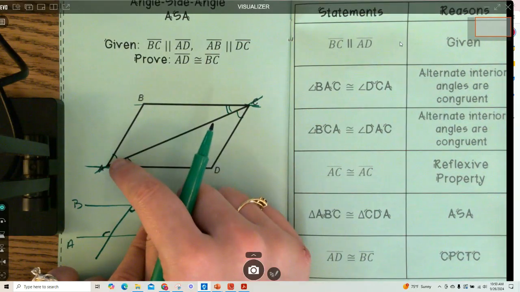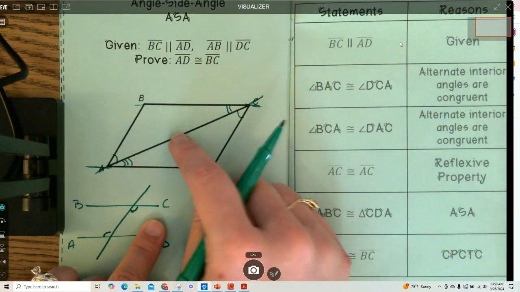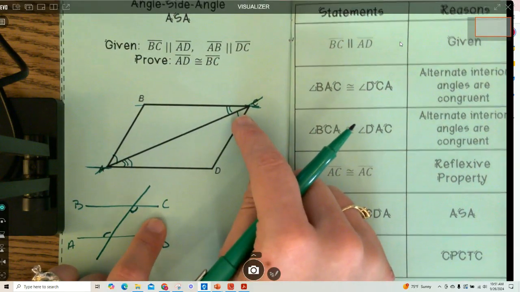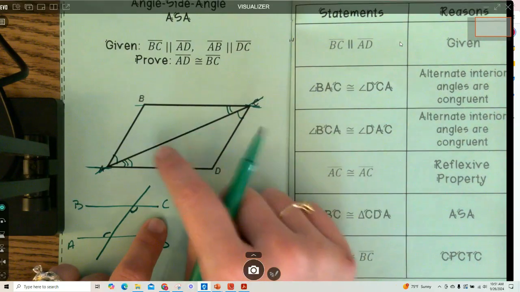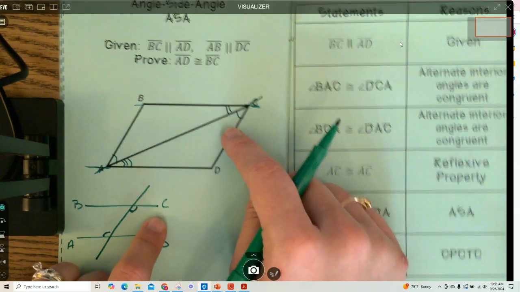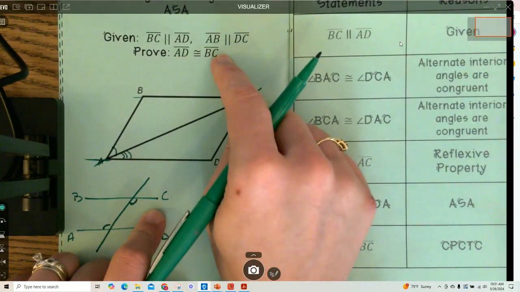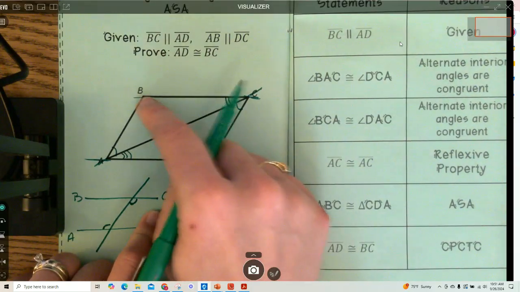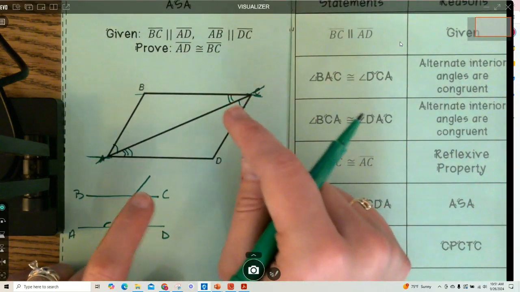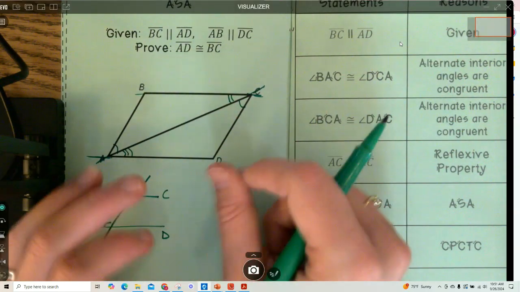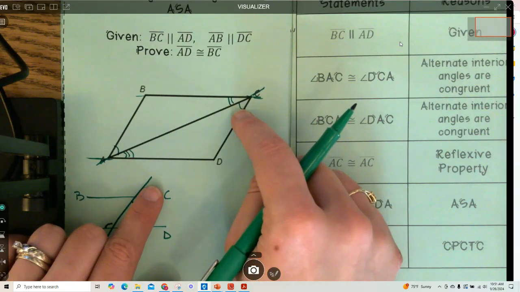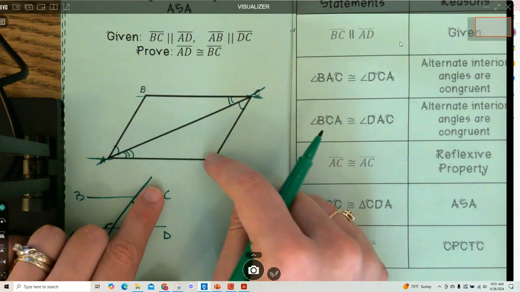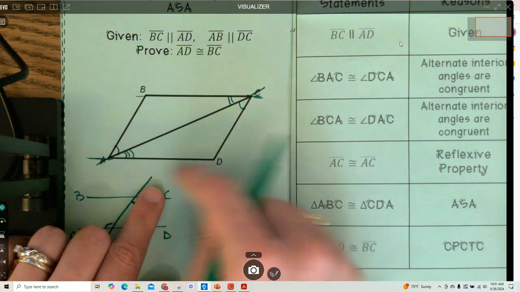So what that means is we have angle, side, angle congruency. Okay? So if we can prove that the triangles are congruent, it automatically proves that AD and BC measure the same thing. Again, naming these. So say I want to go from the 1 mark to the 2 mark to the no mark. CAD.